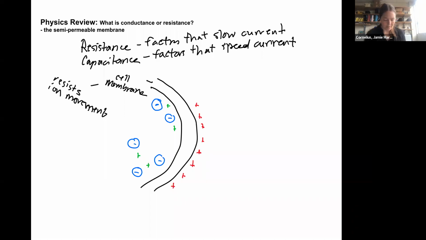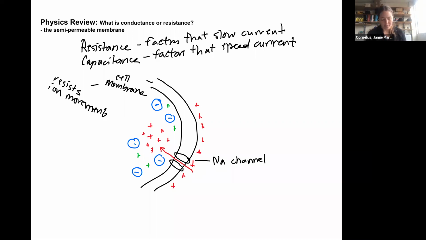But if you open a channel, a sodium channel, that's inside the membrane but normally has a gate that closes it, if you open that up, then that allows sodium to travel inside the cell and start to affect the membrane potential. As positive ions move in, the membrane potential is going to go up. In this example it is the sodium channel. Calcium channel would do the same thing.